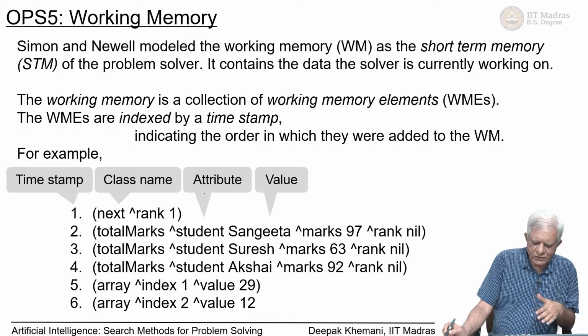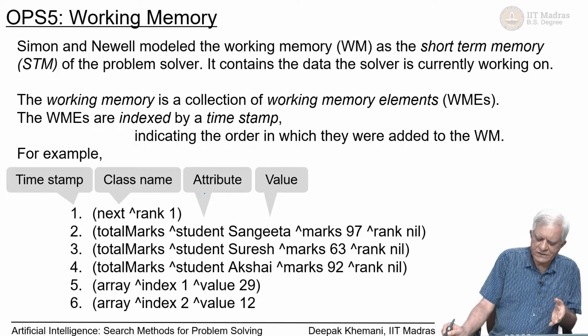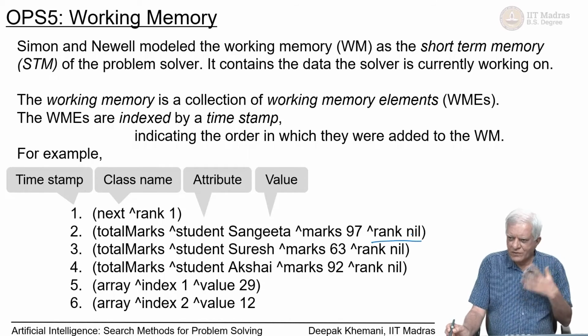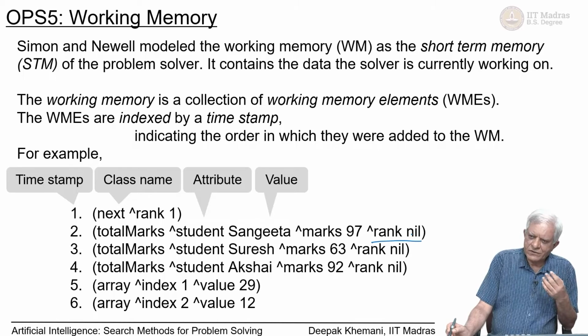We will see how to use this because we will see examples of rules which use these particular working memory elements essentially. The second one says the class name is total marks, then there is a student who has marks and whose rank is nil essentially. So, you can imagine that we are writing a program where we have marks of all the students and we want to assign them a rank essentially, and what this working memory at this point says is that the next rank that you want to assign is 1 essentially.